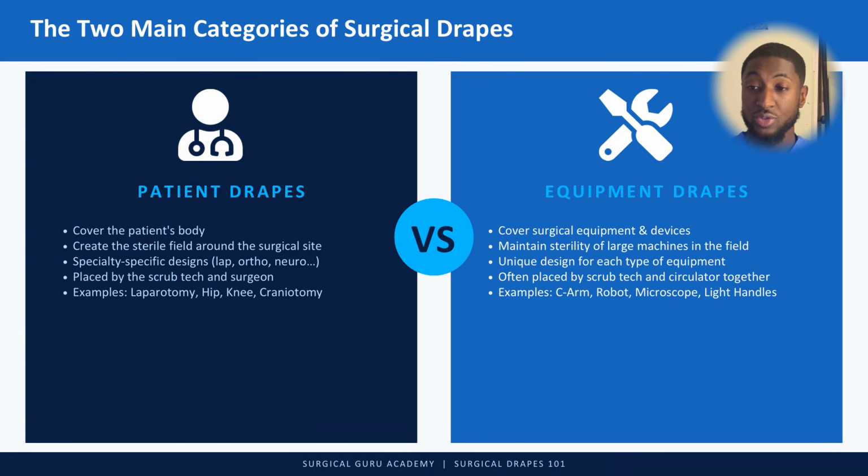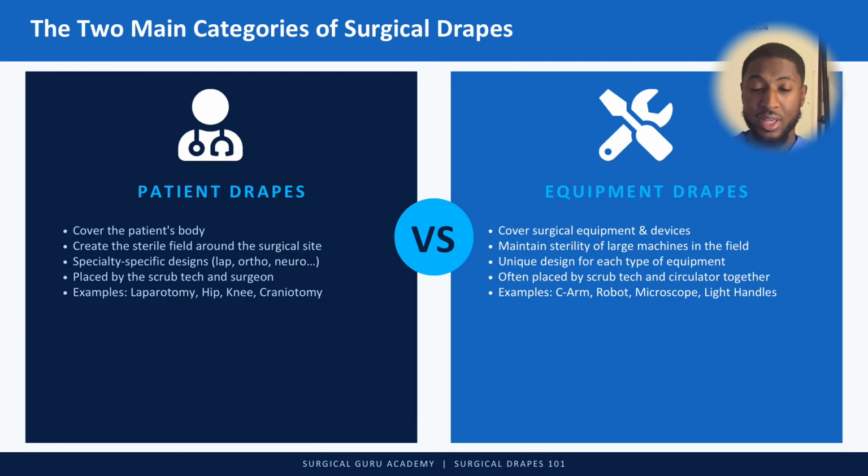We would use an x-ray. The x-ray would come in, but you can't have a non-sterile item going on top of our sterile field. We have created this barrier of sterility. So in order to be able to take x-rays intraoperatively, you need a C-arm drape to cover the C-arm.